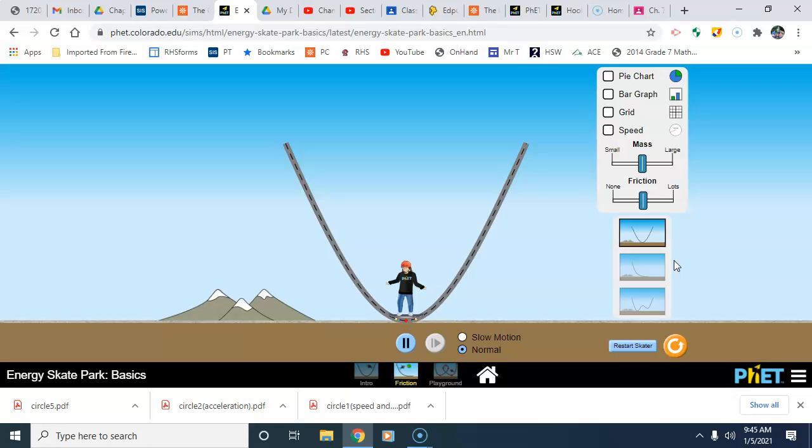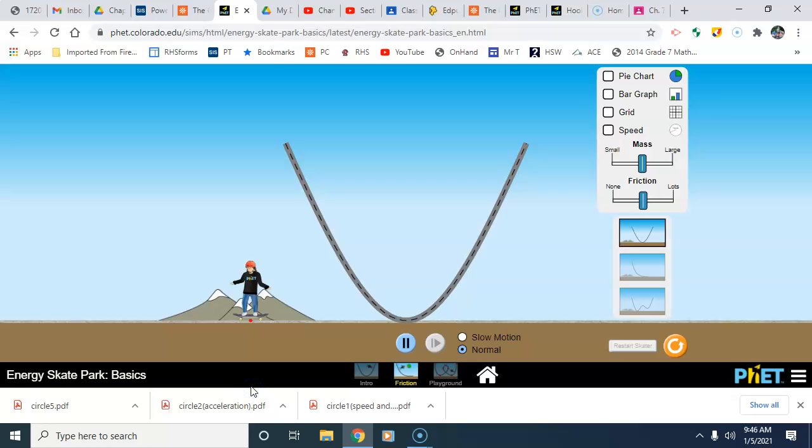So this person's weight is 250 newtons just sitting there still at the bottom of the curve. What normal force will be acting on this person? 250 newtons, right? Or if this person is skating freely to the right or to the left, whether accelerating or not, the normal force would be what? 250.